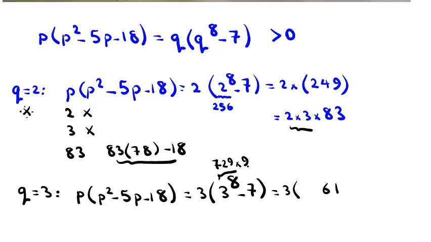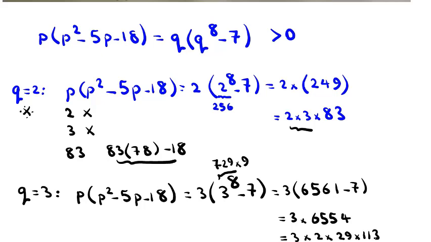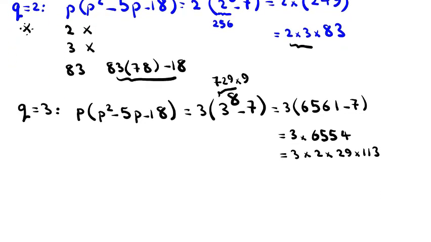And then 9 times 7, 63. And it will be 6561 minus 7. It will be 3 times 2184. If we prime factorize this number, it will be 3 times this one, it will be 2 times 29 times 113. Okay, now we want to find what P is good.